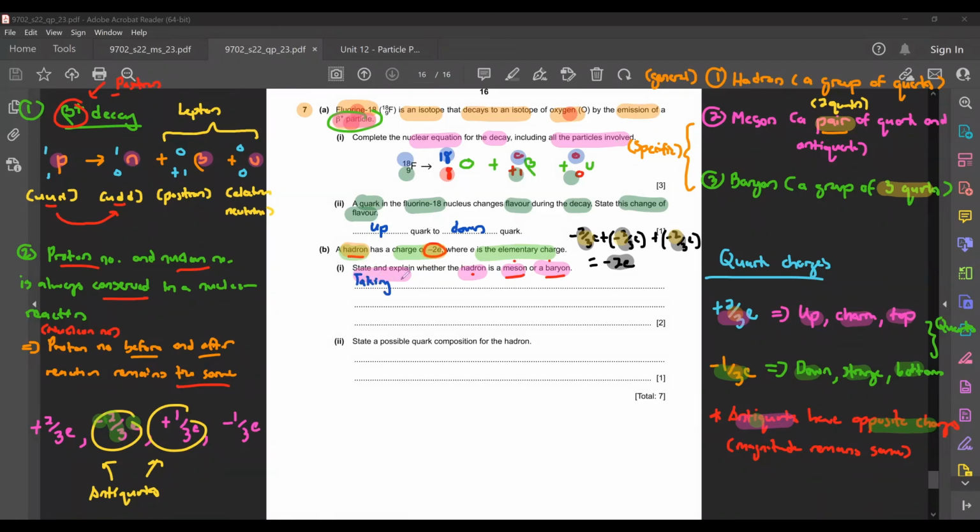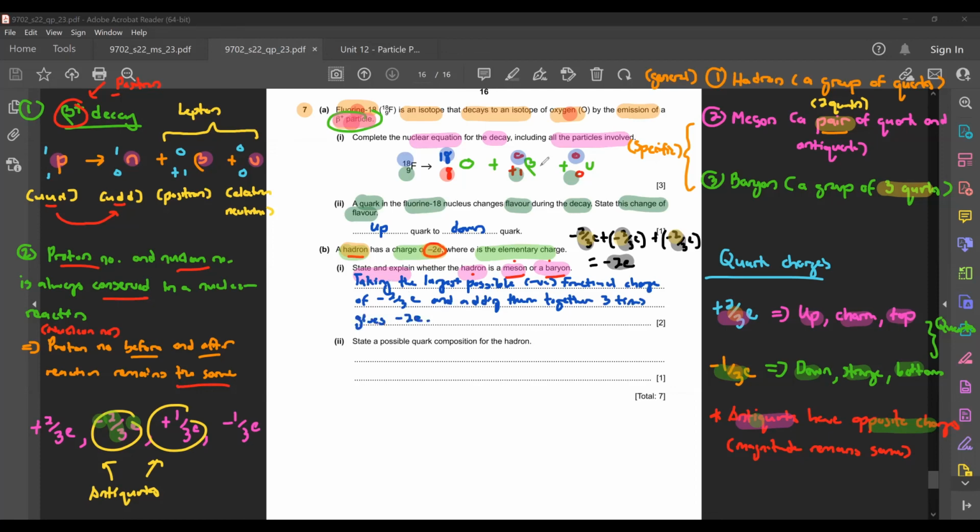Taking the largest possible negative fractional charge of negative 2 over 3e and adding them together 3 times gives negative 2e.